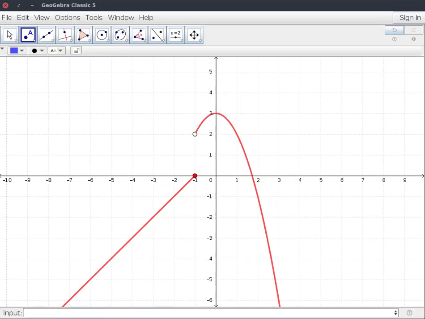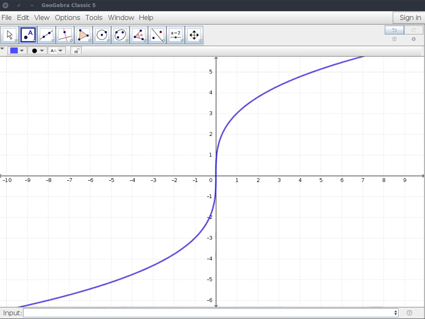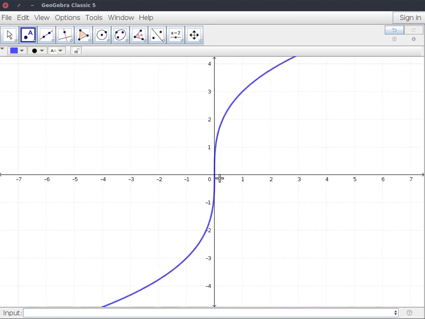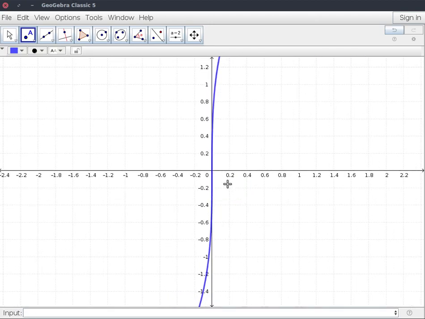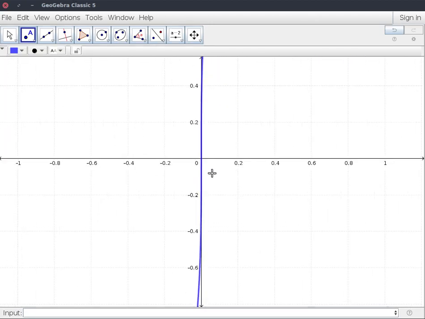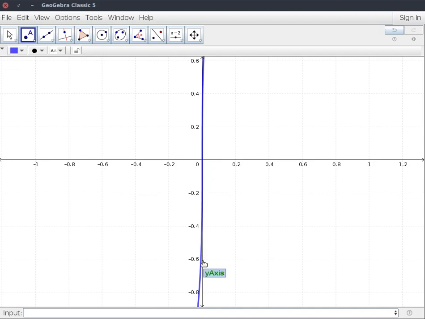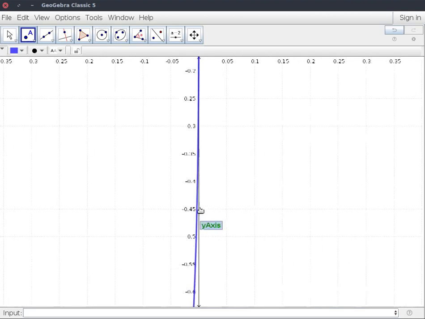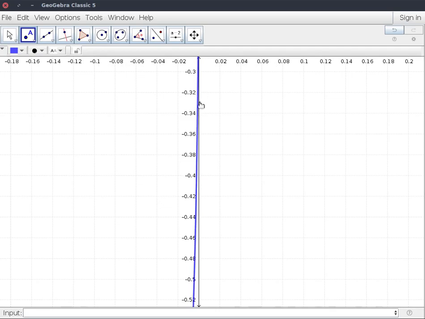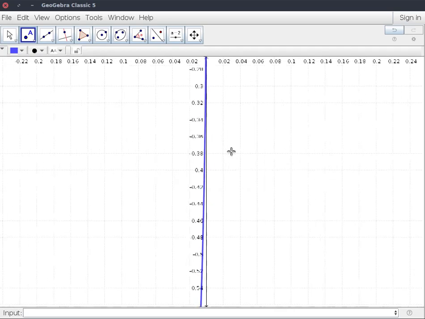And again, we can go back here and we can say that looks something like this. This is a weird looking function because it's not actually perfectly vertical here. If we zoom in, it'll look really vertical, but you can see that it slightly deviates away from the axis here. It's technically not vertical, it's just really, really steep.